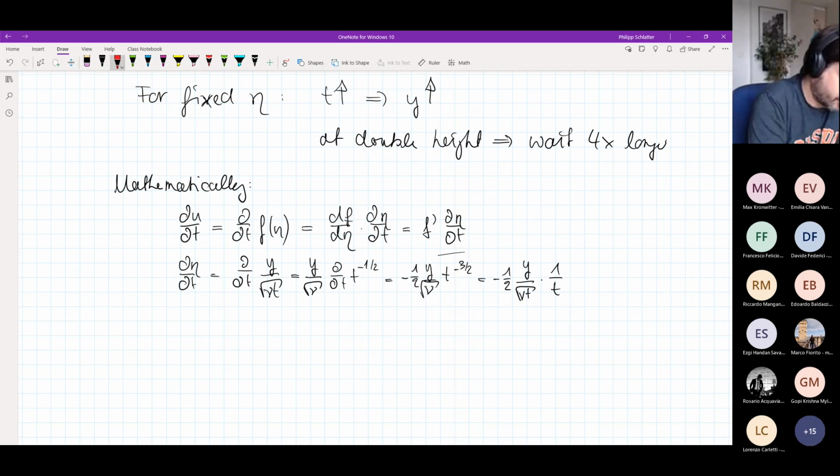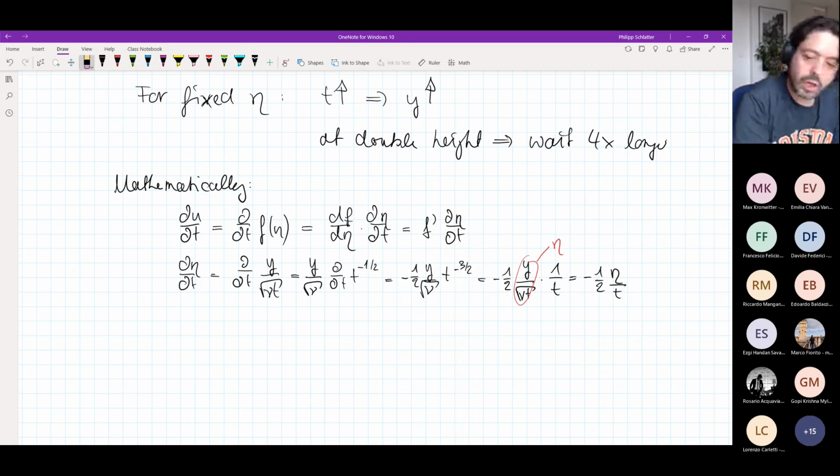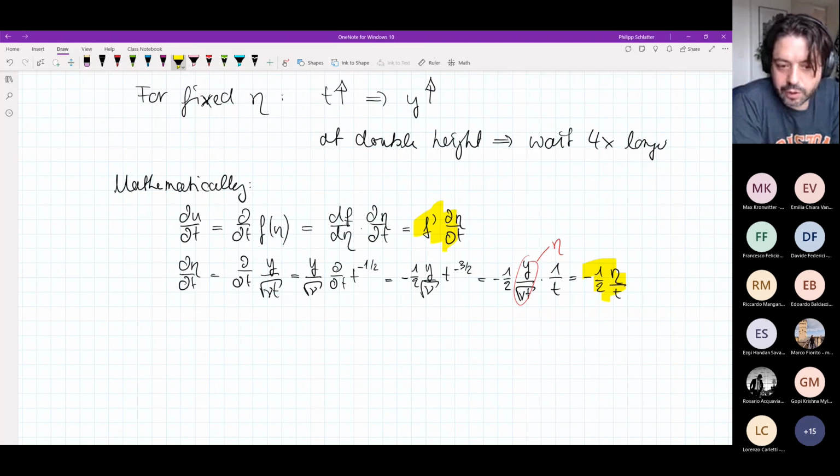The reason why I took this out is because this is, of course, eta. So that means that this becomes -1/2 of eta divided by t. That's a very nice result, because for this term, we found that we can replace it with -1/2 times eta divided by t.